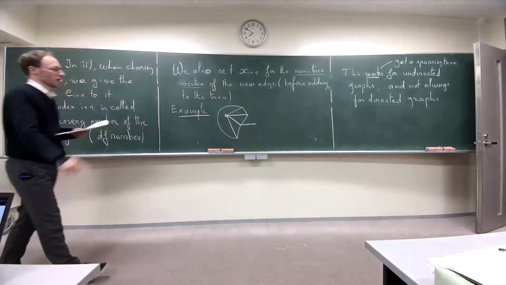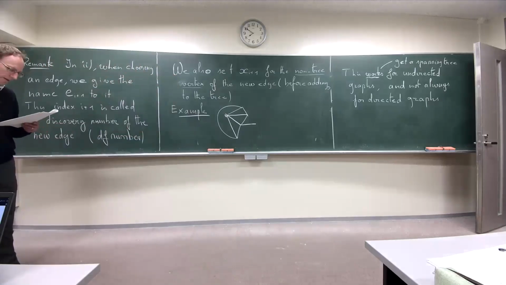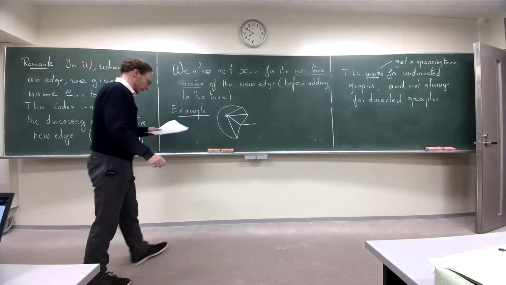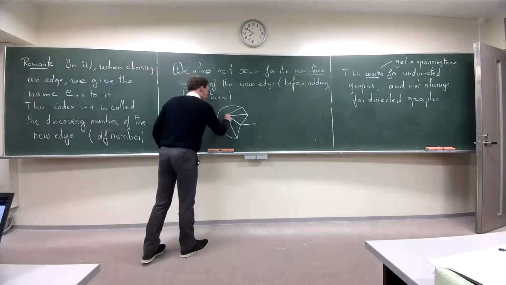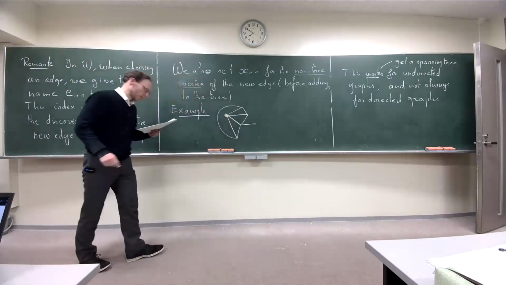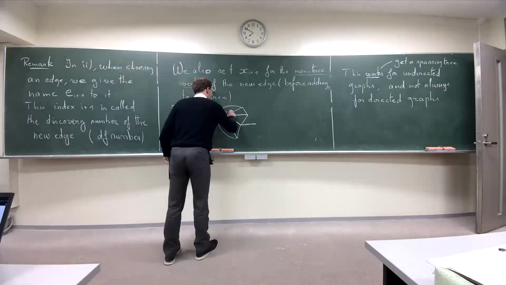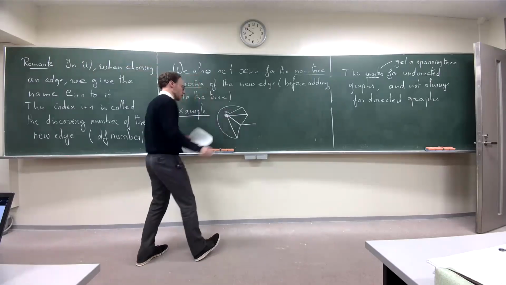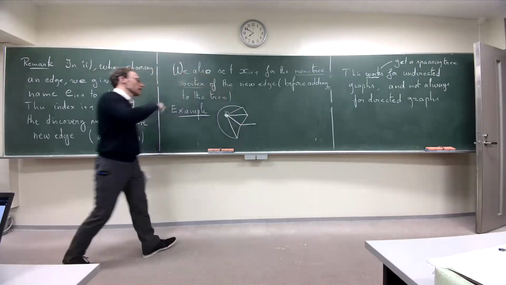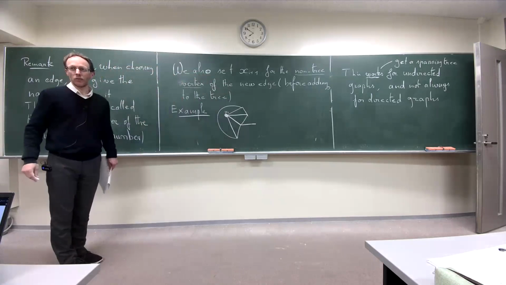Okay, this is a graph. I make one more vertex. Now I'm going to start at this point, so I call this X0. Then I need to choose the first. I don't draw the frontier edges, otherwise it would be too messy.